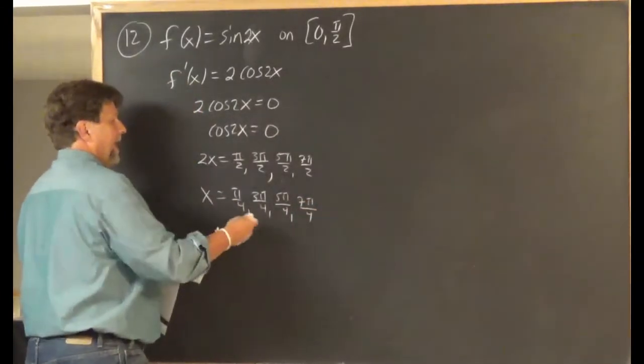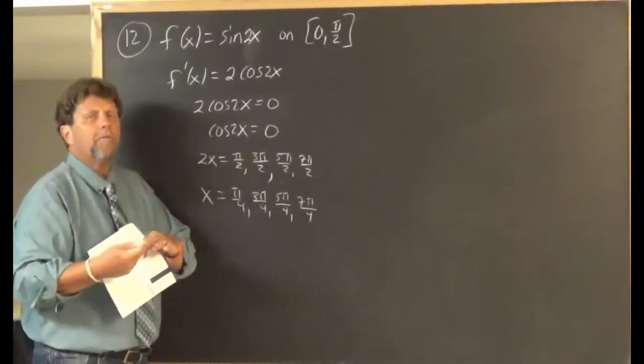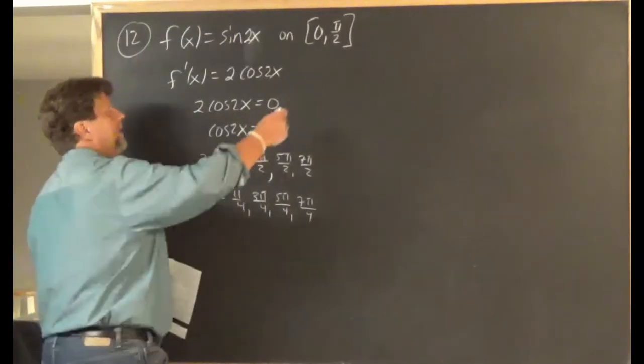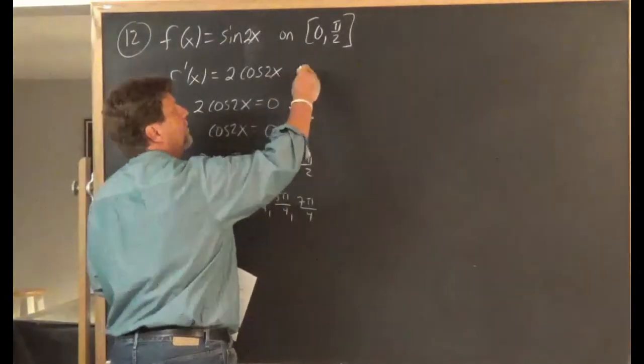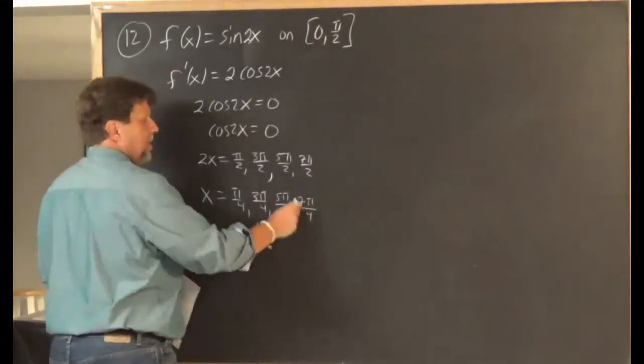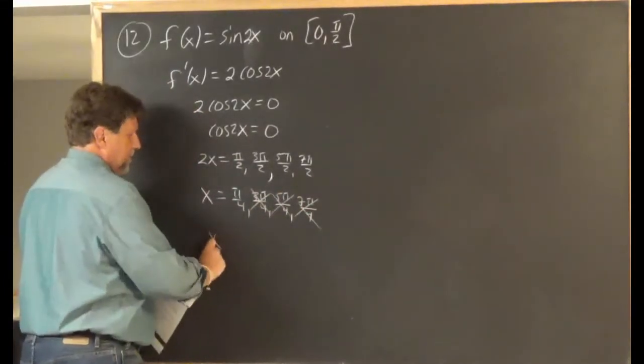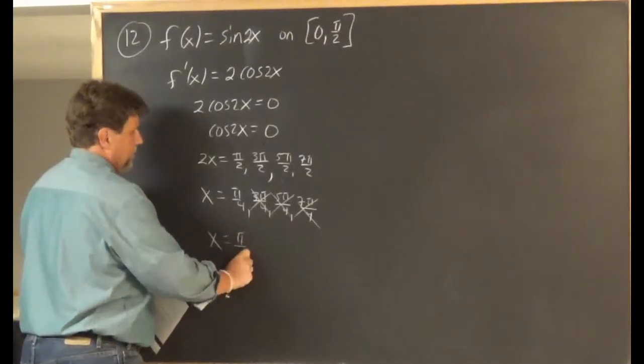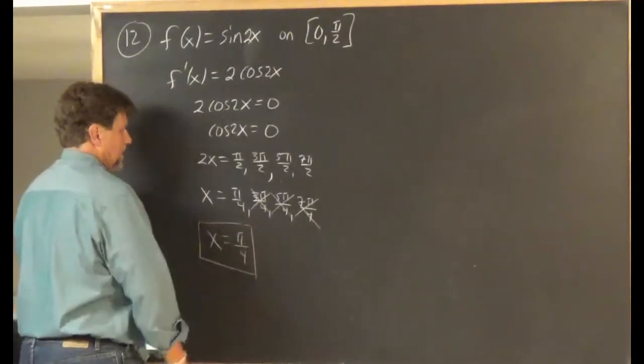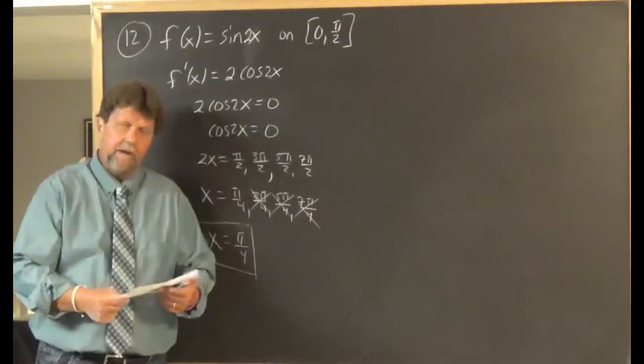But we're looking for values of x, or what the book would probably say c, in the open interval 0 to pi over 2. These are not in the interval 0 to pi over 2. So the only one that is an answer is x equals pi over 4.